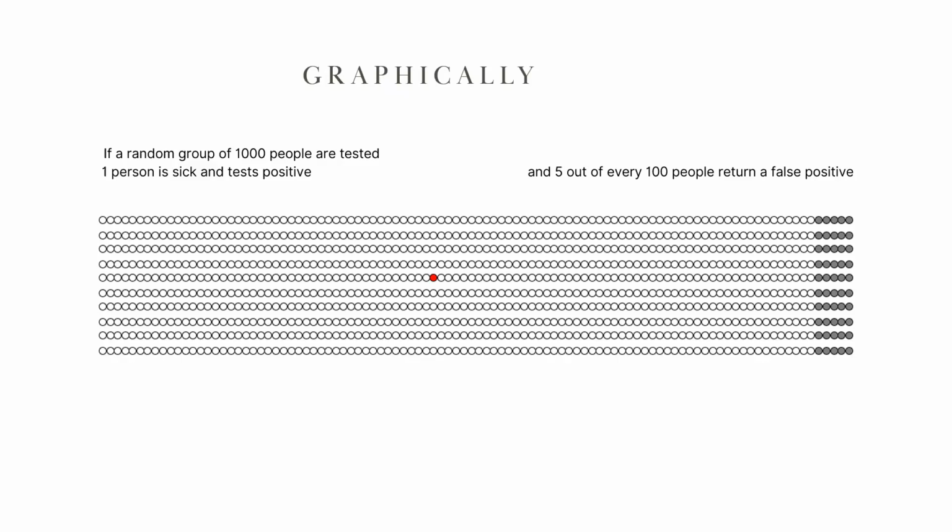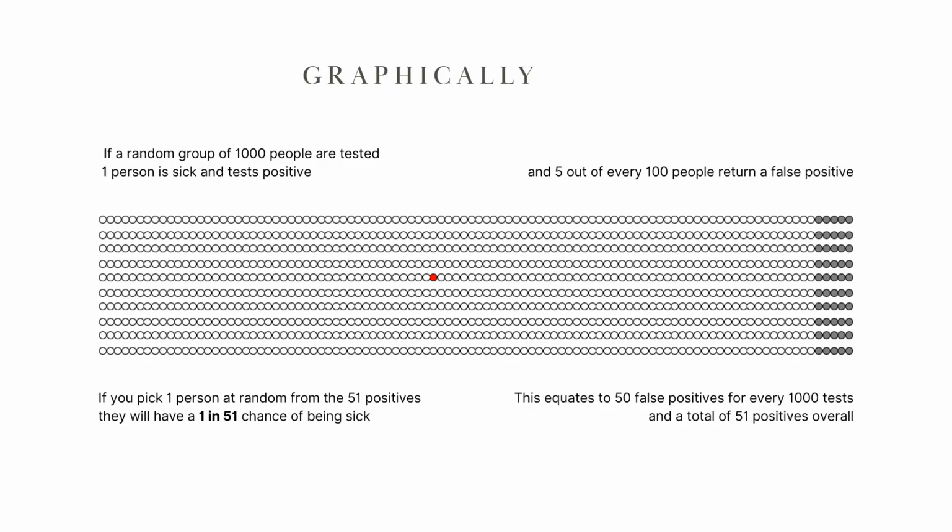There is a 5% false alarm rate, so 5 out of every 100 people will return a false positive test. The dark grey circles indicate the false positives. This equates to 50 false positives for every 1,000 people tested, and a total of 51 positive tests overall.